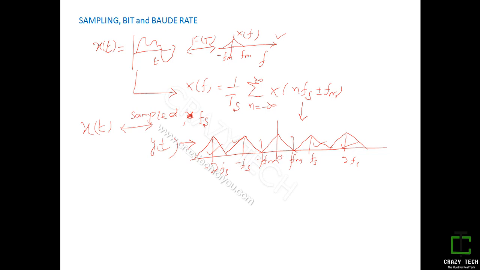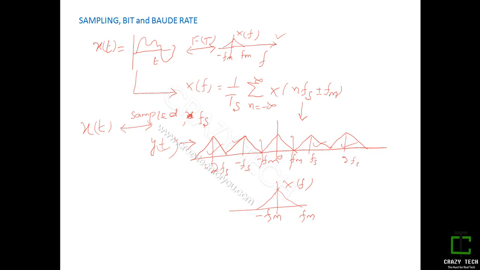It will only allow frequency components from minus fm to fm. So you will have only this amount of information coming out of your low pass filter, which is also called the anti-alias filter.